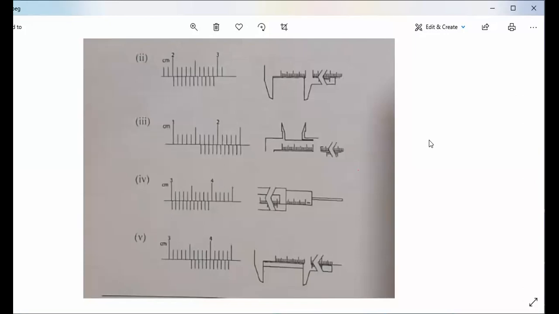Right. Therefore, we should take the largest measurement taken by the external jaws.